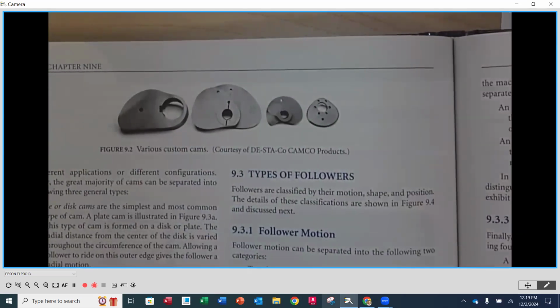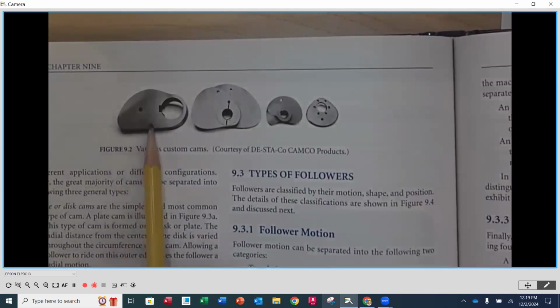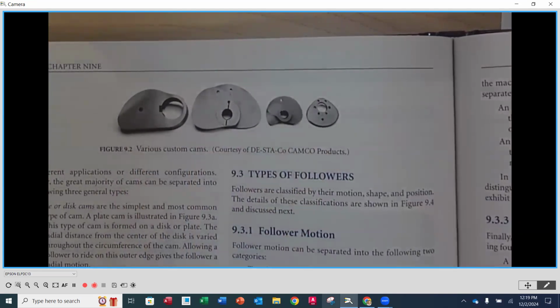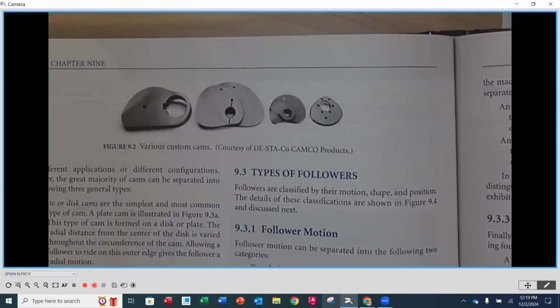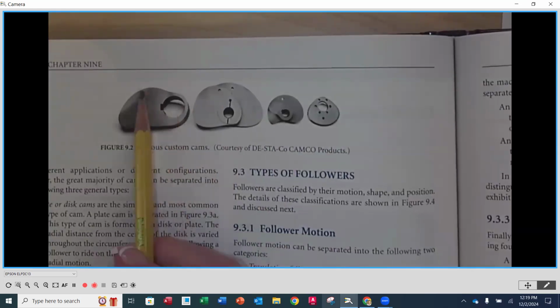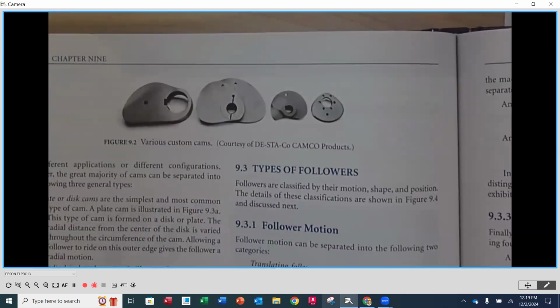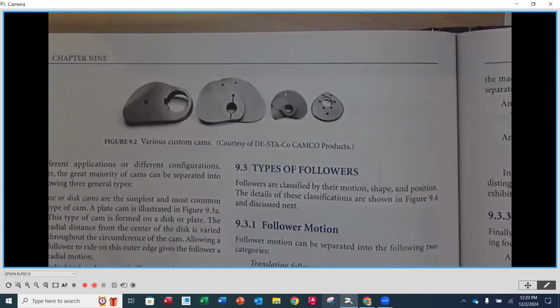The key is going to ensure that the cam is rotating at the same RPM as the shaft itself. Okay, so you can see a couple different arrangements, and really all that differs is the profile around where the shaft interacts with the cam, which is just going to be a design of the motion that needs to occur with the follower.